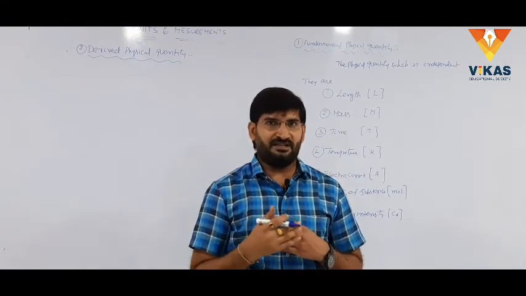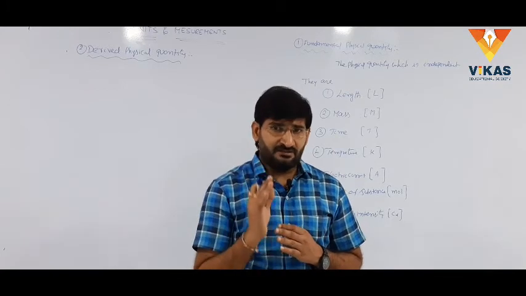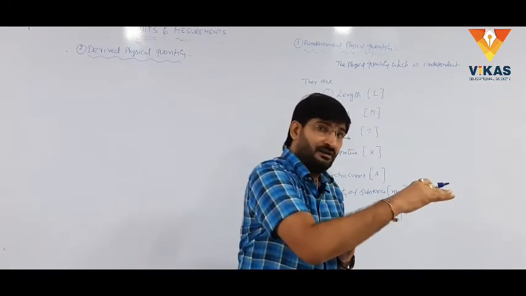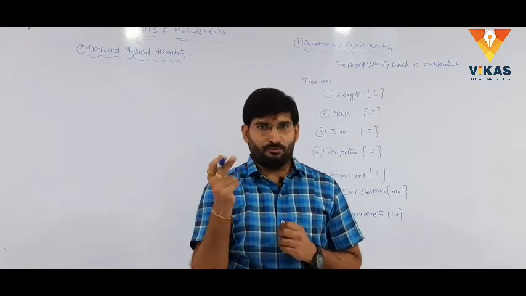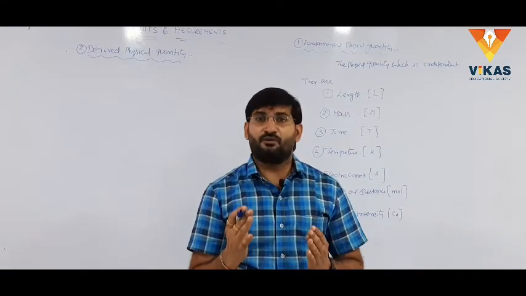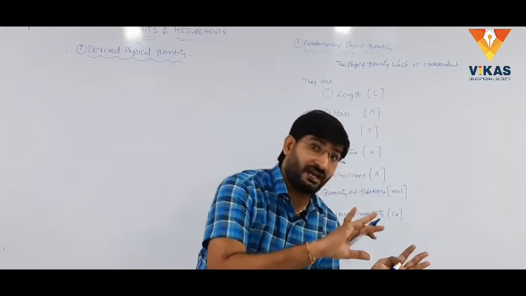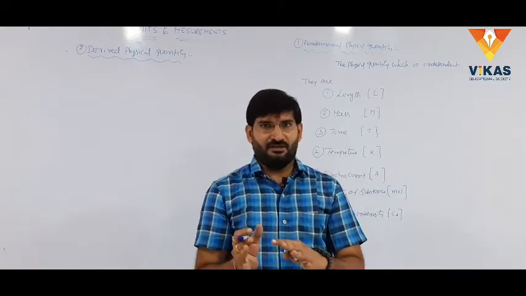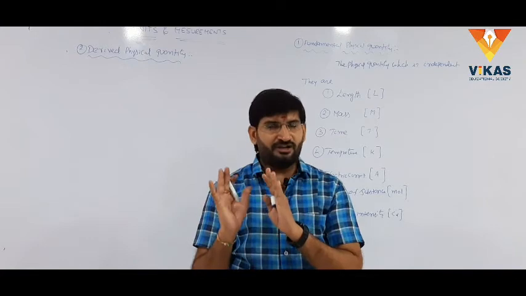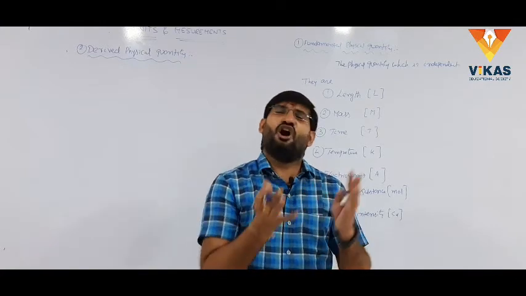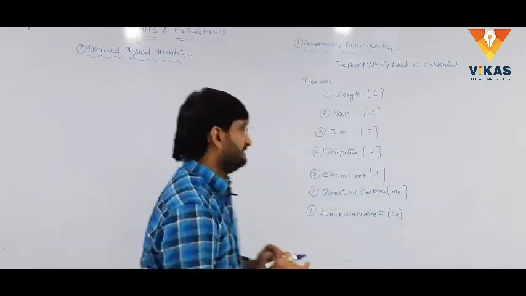Once again I will repeat the definition. The derived physical quantity depends on the fundamental physical quantity, or one more definition, it is derived from fundamental physical quantities. According to the definition, all derived physical quantities depend on fundamental physical quantities.